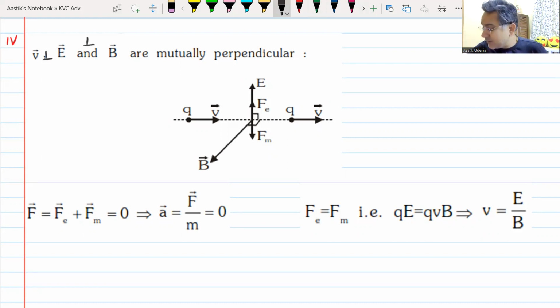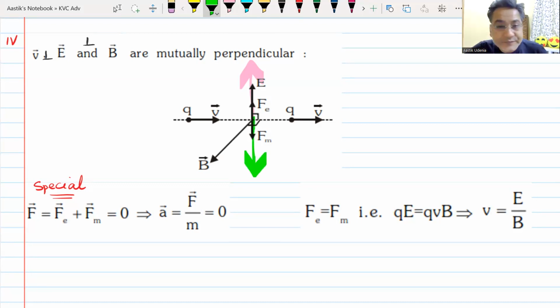But in this difficult case to analyze, there is a special case where velocity v, electric field E, and magnetic field B are such that the electrostatic force, which in this case is upwards, is cancelling out the magnetic force on the particle which is downward.